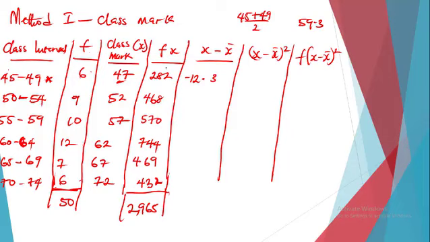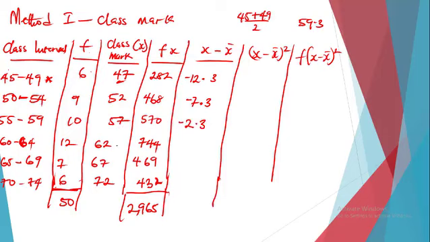Okay, then we'll have the next one. 52 minus 59.3 will give us minus 7.3. We'll have 57 minus 59.3, which will give us minus 2.3.